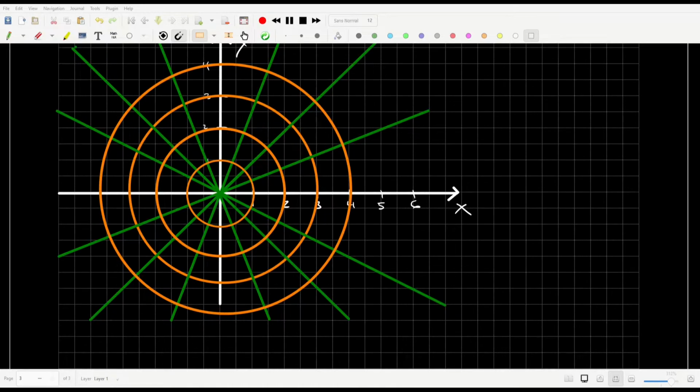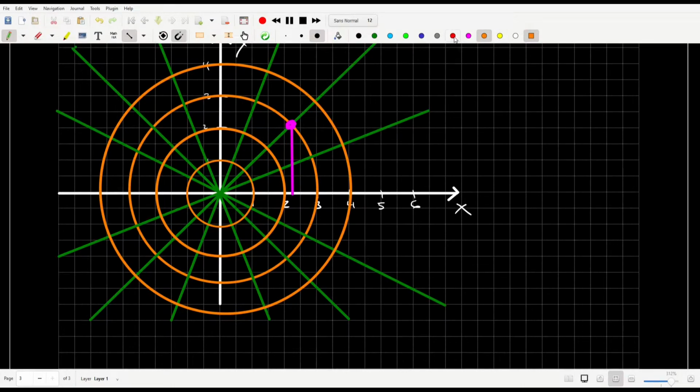So, for instance, this point right here is going to have an x-coordinate of this x value right here.